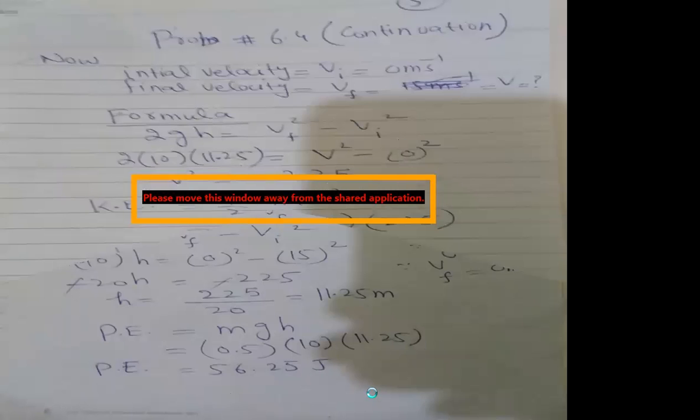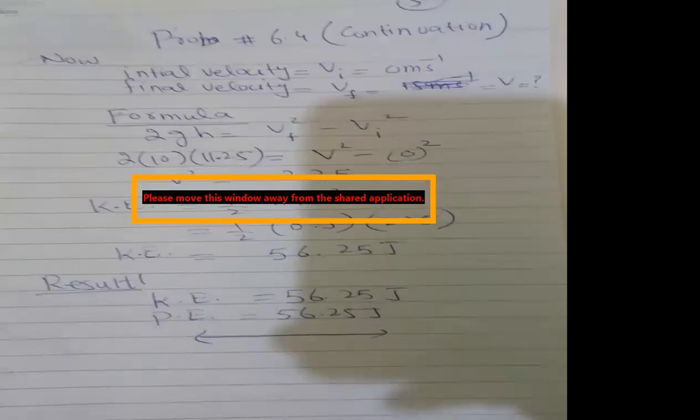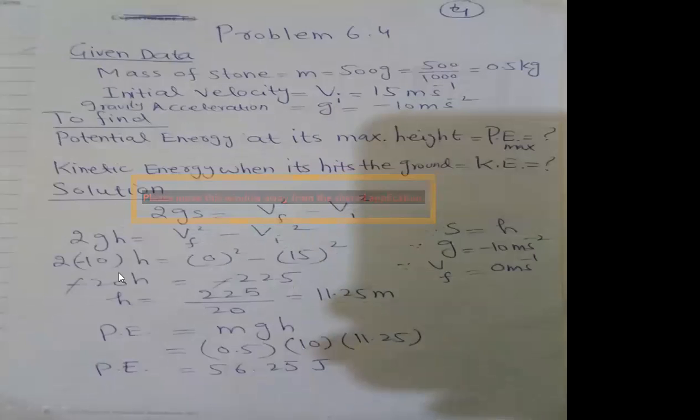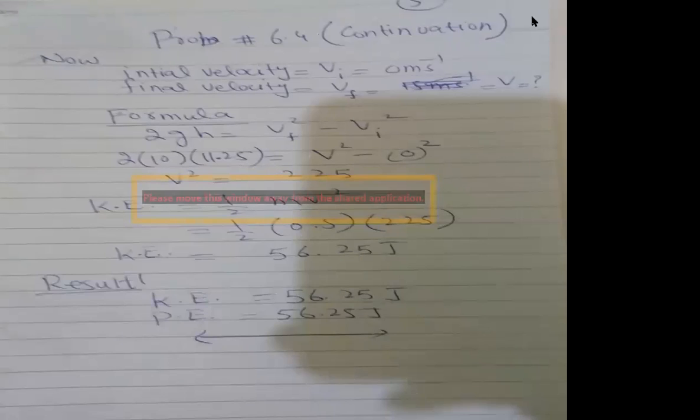So the next thing which we require is kinetic energy. We are asked to find the kinetic energy when it hits the ground. When the body is coming down, all the potential energy is converted into kinetic energy.